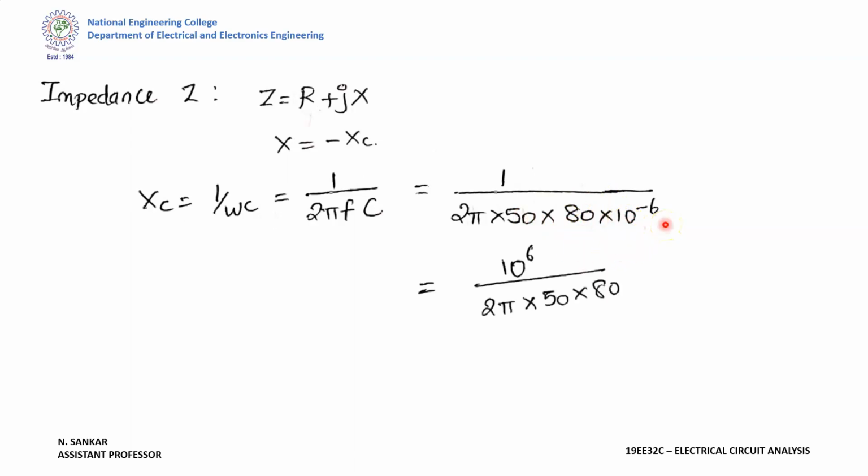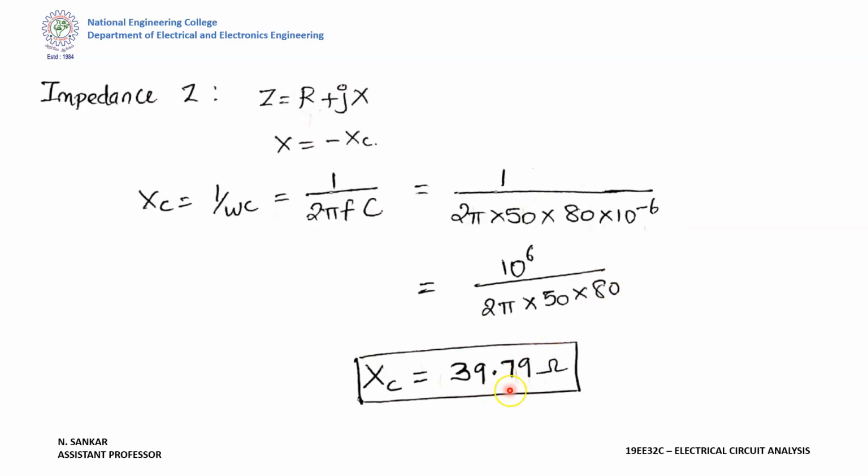So XC is nothing but 1 by omega C. Omega is equal to 2 pi f. So just substitute the known values, that is for f 50 and C 80 into 10 power minus 6, which is equal to 39.79 ohms. Okay. So we have converted the capacitance in terms of capacitive reactance, that is in ohms.